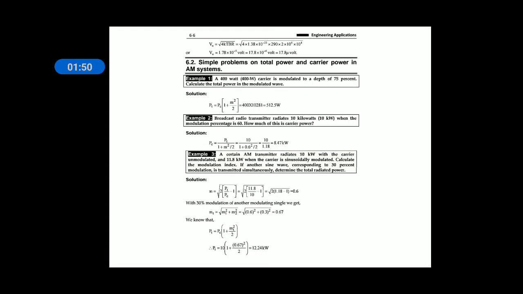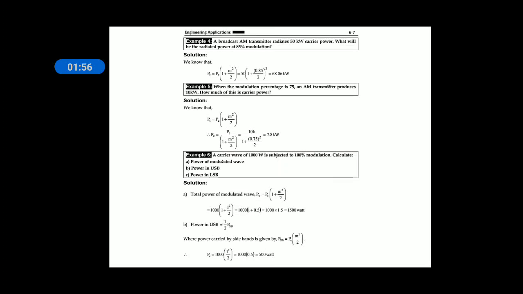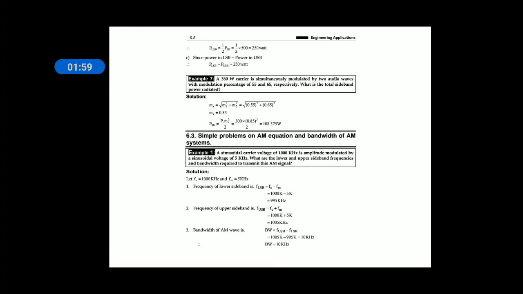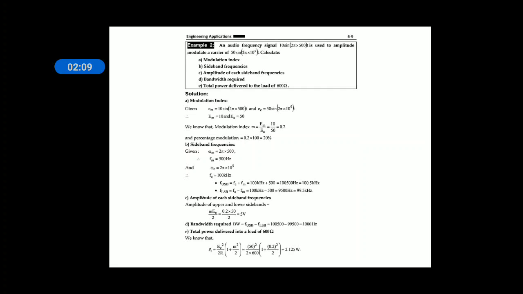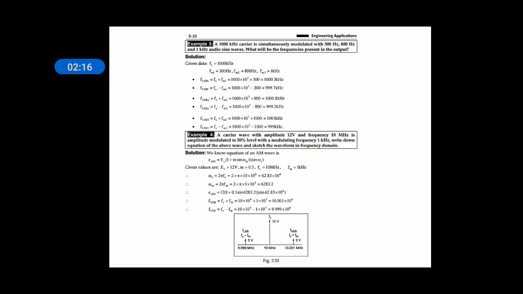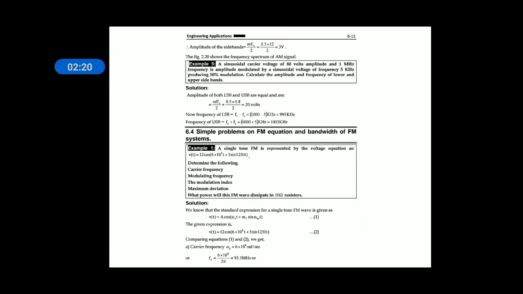Some important formulas in AM: one is PT is equal to PC into 1 plus m square by 2, and there is one more formula for modulation index if there is multitone modulation, and the power of the upper sideband, power of the lower sideband, bandwidth, frequency of the lower sideband, and frequency of the upper sideband.